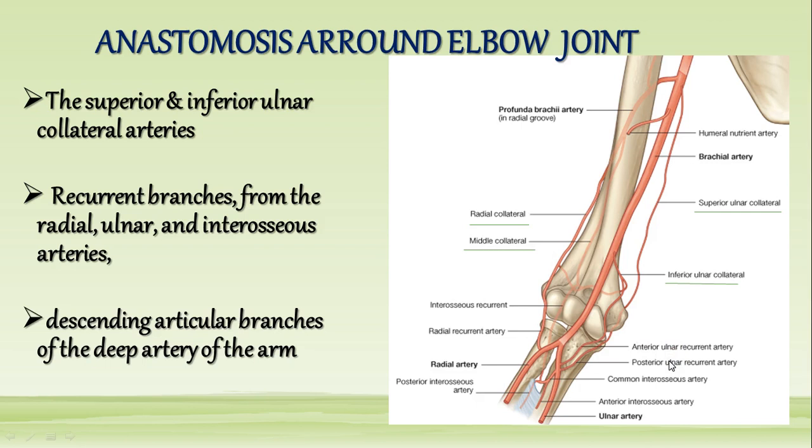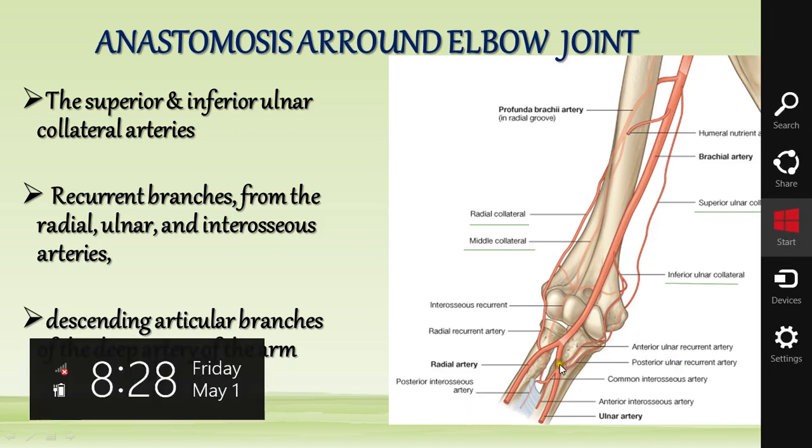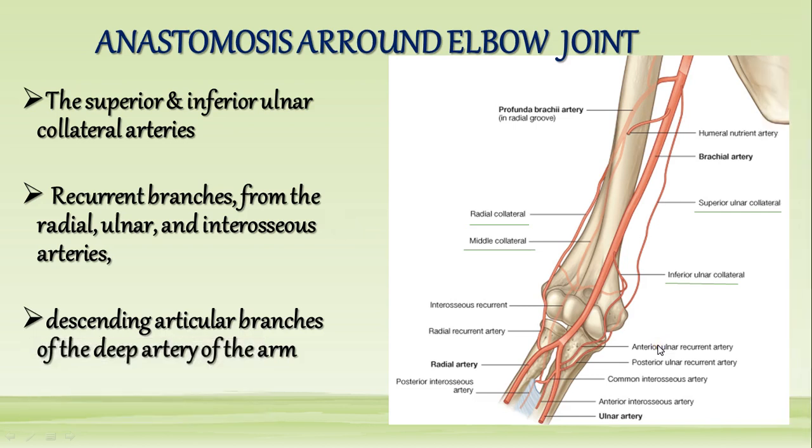Two branches from the ulnar artery: the anterior ulnar recurrent and the posterior ulnar recurrent. One from the interosseous artery, the interosseous recurrent, and one from the radial artery, the radial recurrent. Now all these arteries anastomose at the level of the elbow joint to form a collateral circulation.